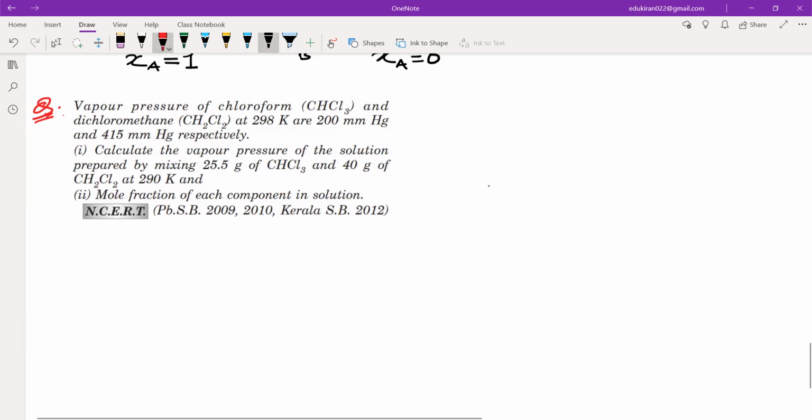See, this question has been asked many times, in classes 9, 10, 12. But still, it is a bad question. It is an important question, but it is a bad question. I mean, the first one is bad, sorry, the first one is bad, the second one is a good question, okay? There is a correction here: write mole fraction of each component in vapor phase. It's very, very important.